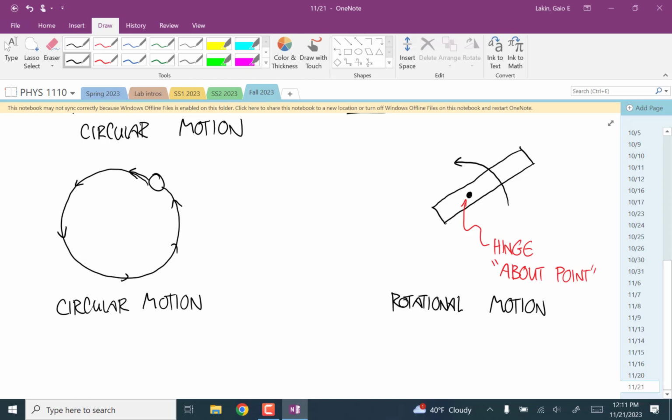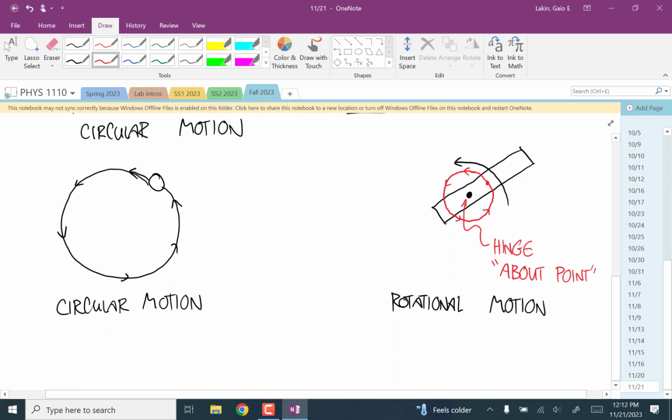So we're getting into the calculations of rotational motion. But why are they related? This is where it gets a little confusing. They're related because if you choose any point on a rigid body that's rotating, that point is in circular motion around the about point.